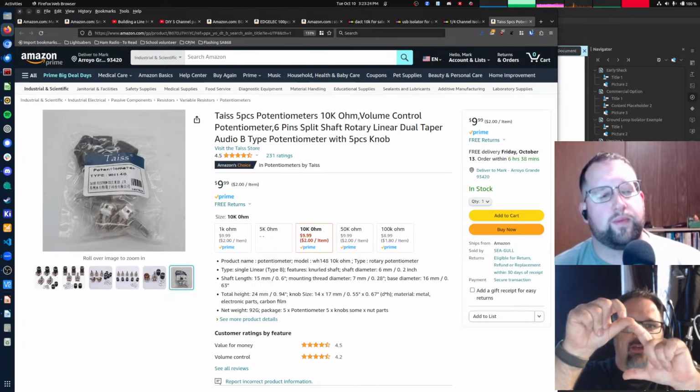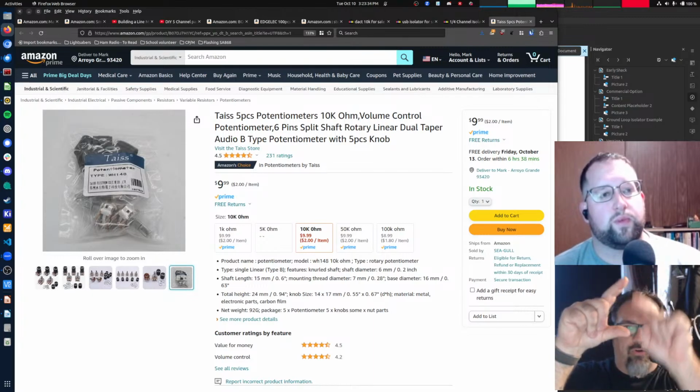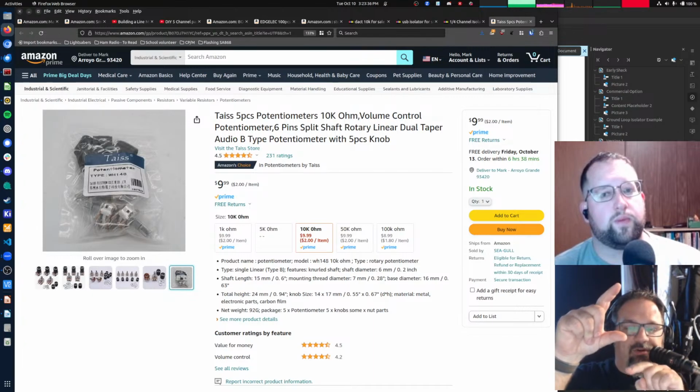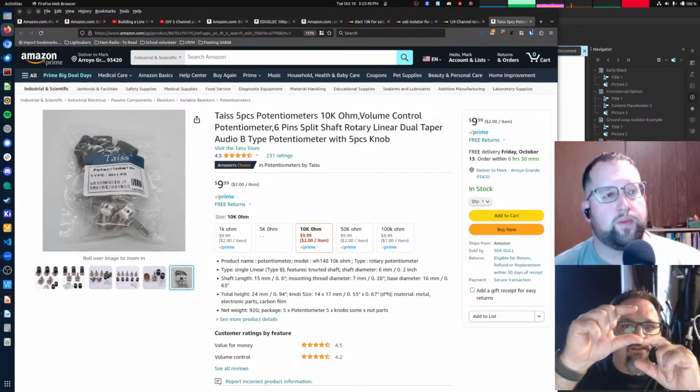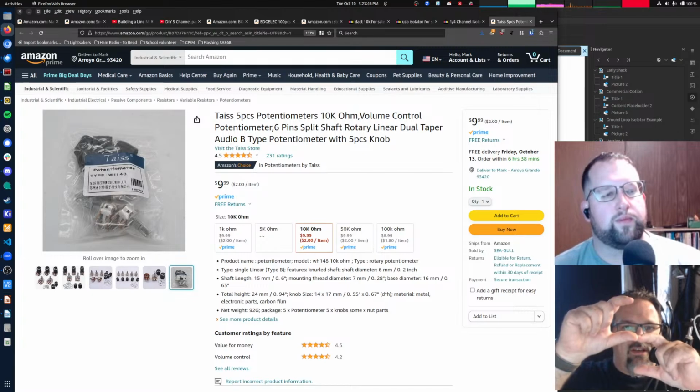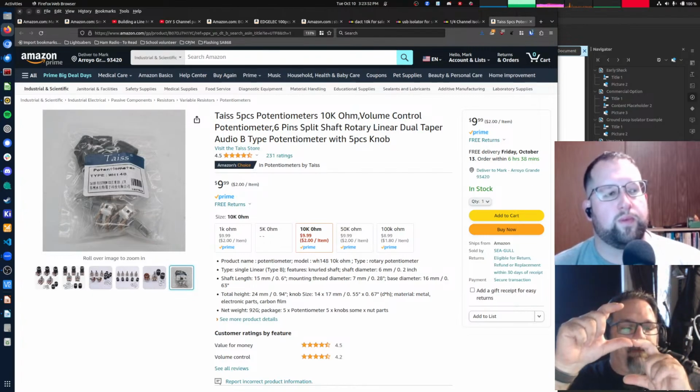And all you're doing by moving that wiper is moving how much of that resistance is above it and how much of it is below it. And the total resistance of these two is always going to be the value of that pot, in this case 10K. So you will always have 10K total resistance. The only question is where in that 10K is your wiper.